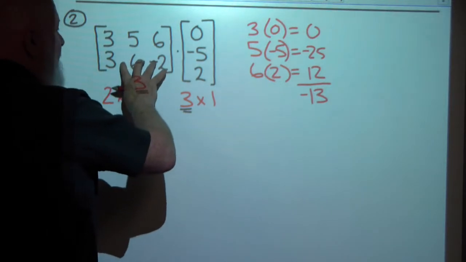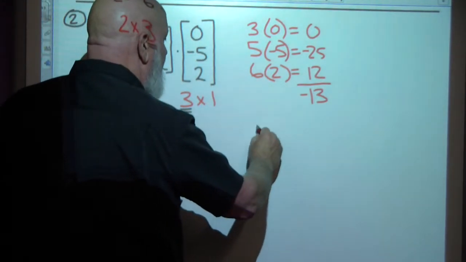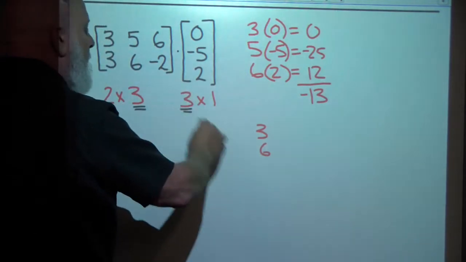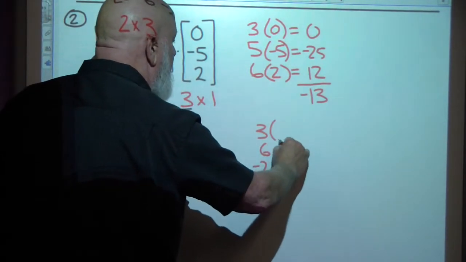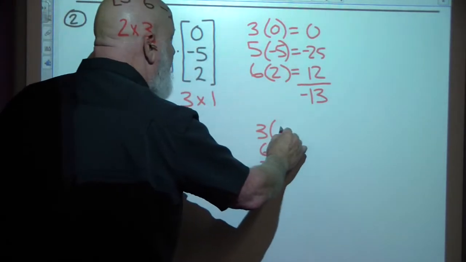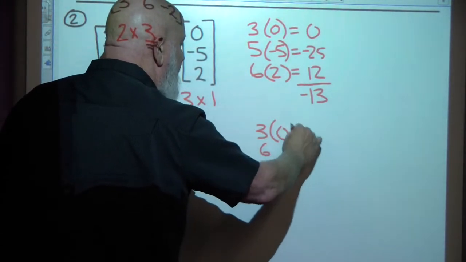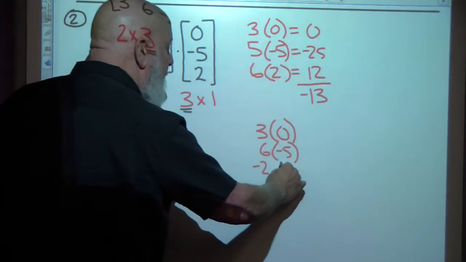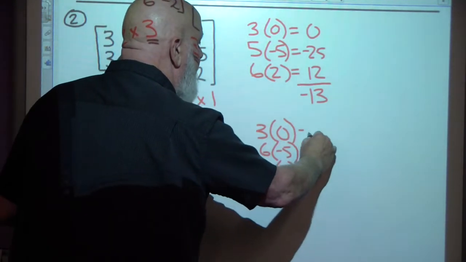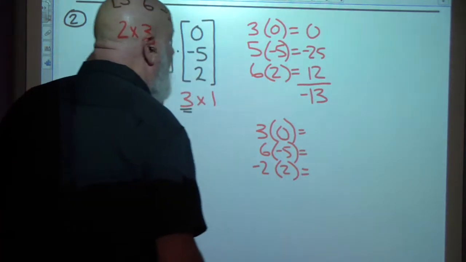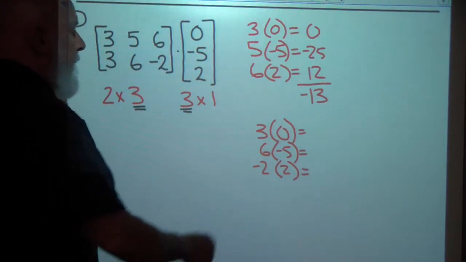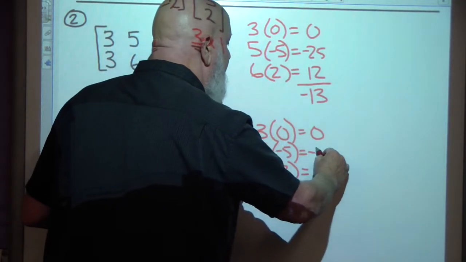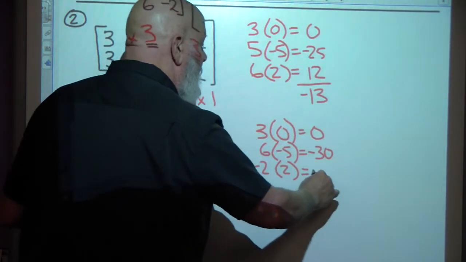So here we go. I'm going to stand it up. Multiply by these. And that will give me 0, negative 30, and negative 4.